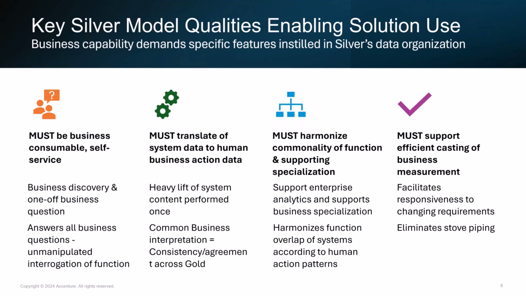They should be understanding their business through their business architecture. Those human actions and the patterns thereof are really the stimulus for the business questions that they're asking. And so when we conform data to that, and we harmonize data to that pattern, right, it becomes a very natural place to do business discovery and to ask those one-off questions.